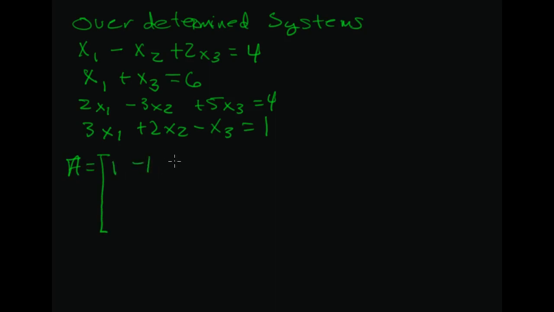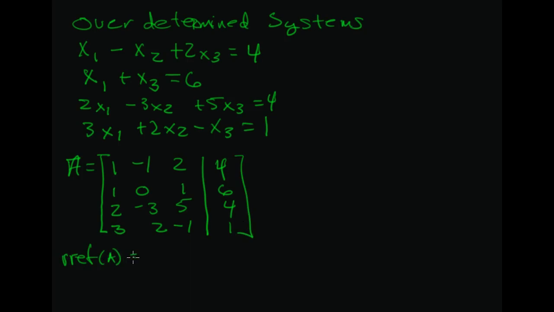So we go 1, negative 1, 2, 4, 1, 0, 1, 6, 2, negative 3, 5, 4, 3, 2, negative 1, 1. And if you do Gauss-Jordan on this, it's going to yield the following matrix.